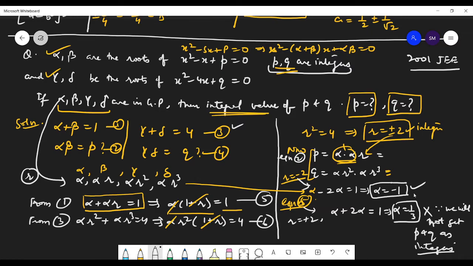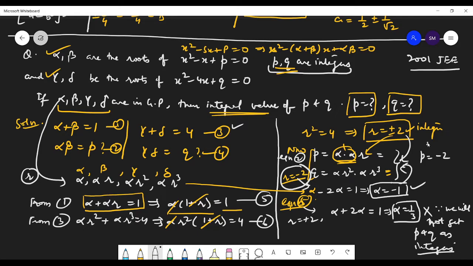So put alpha is equals to -1 here and R is equals to -2 here. So P equals to -2, because you have calculated alpha with the help of R equals to -2.